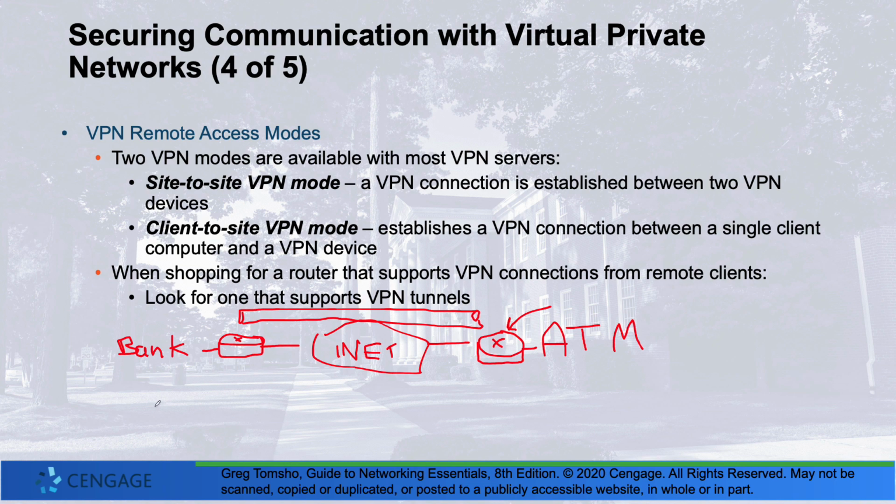The other mechanism is, again, we'll say bank. I'm a bank employee. The bank has their router or their VPN concentrator at the edge of their network. Here's the server. So that's the bank server. And then we have an internet connection.